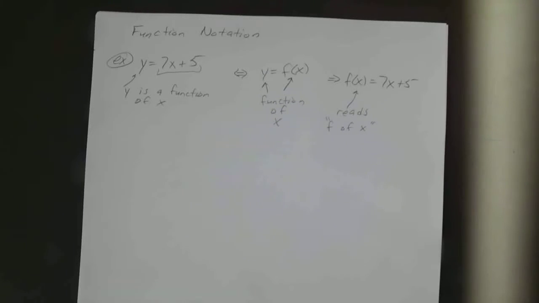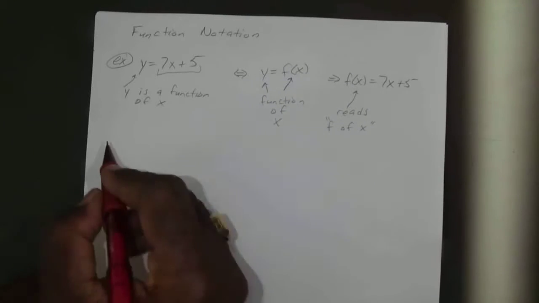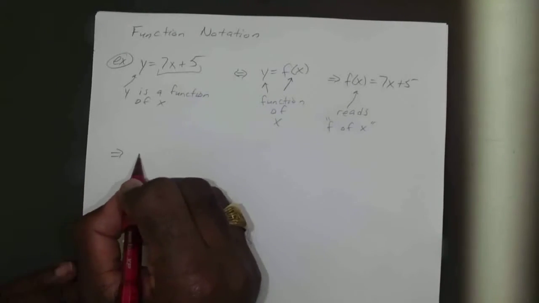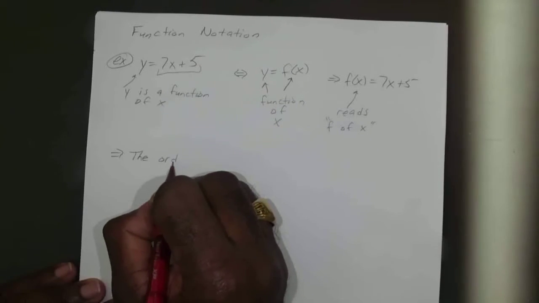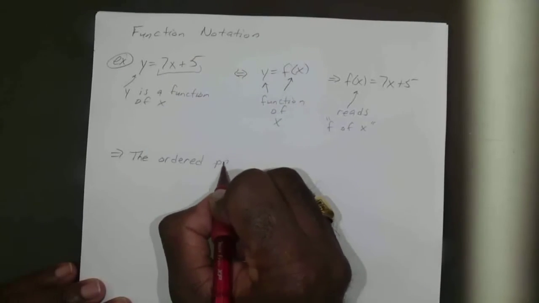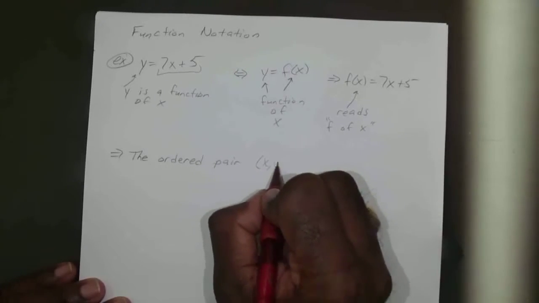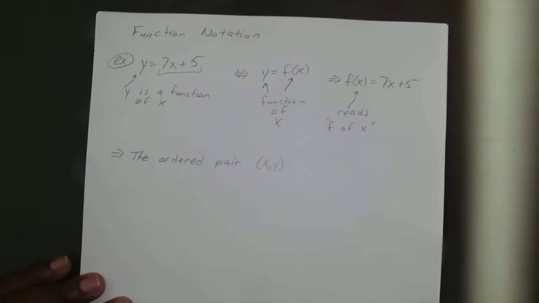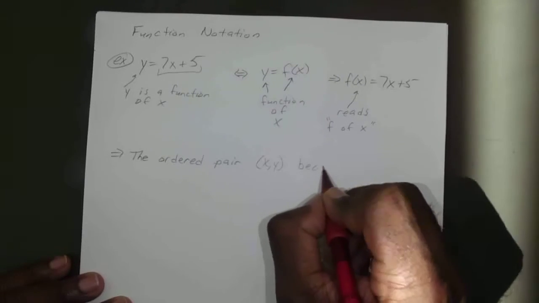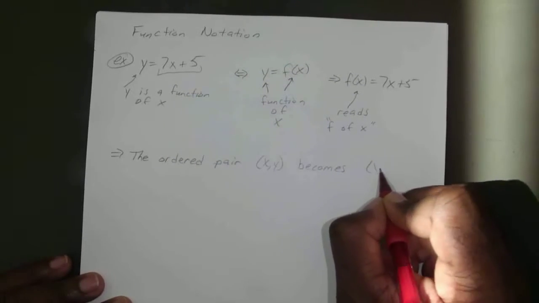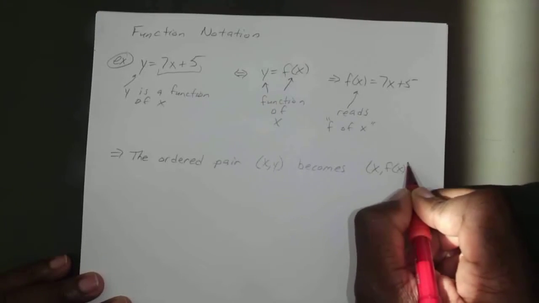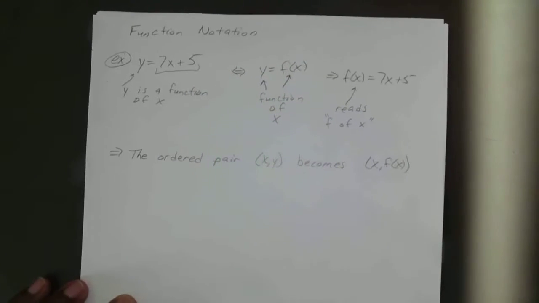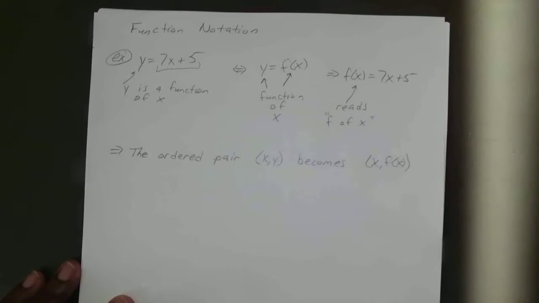All right, but you'll hear f of x more often. All right, so if you wanted to write your ordered pair, x comma y, you can write it as a function of x, x comma f of x. Okay, means the exact same thing, just different notation.